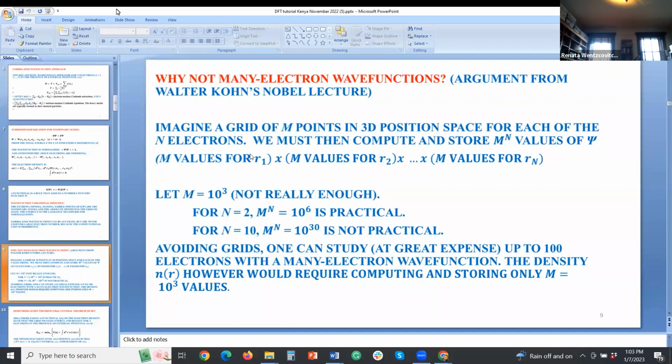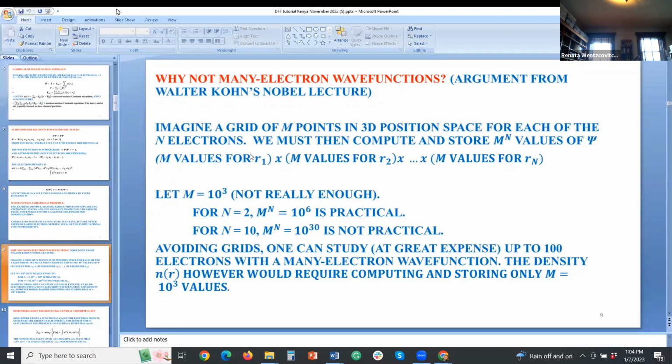To see how rapidly m to the n increases with n, let's take m to be 1,000 or 10 to the 3. That's not really enough for any realistic problem because it only puts 10 grid points along each of the three dimensions of 3D space. But it tells the story.